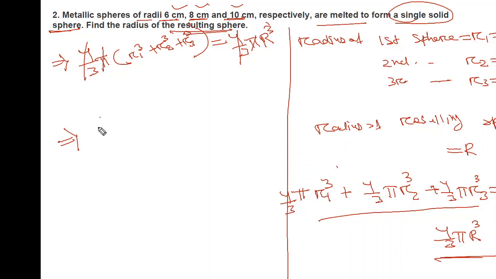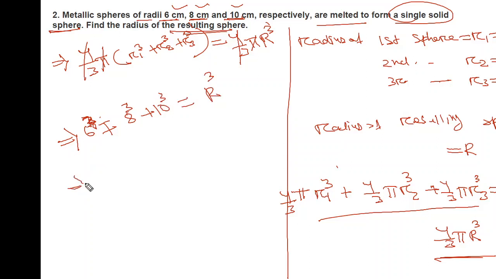Now you can put the values. R1 is 6 cube plus 8 cube plus 10 cube will be equal to R cube.